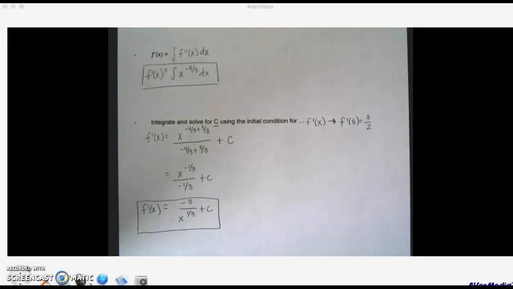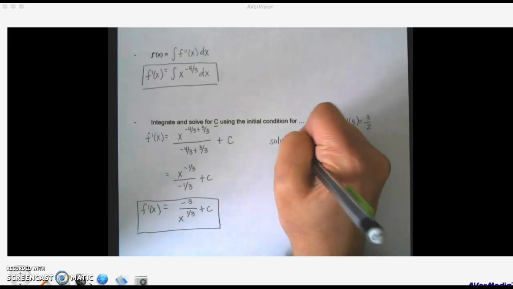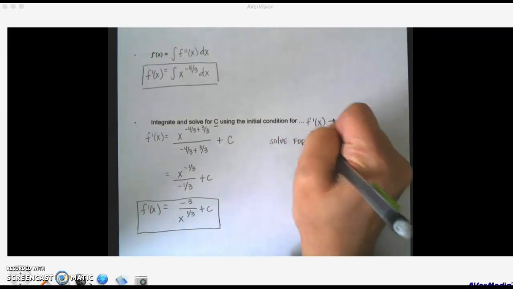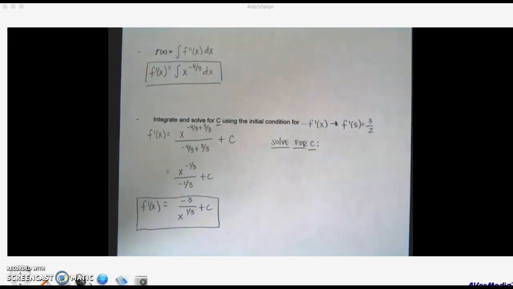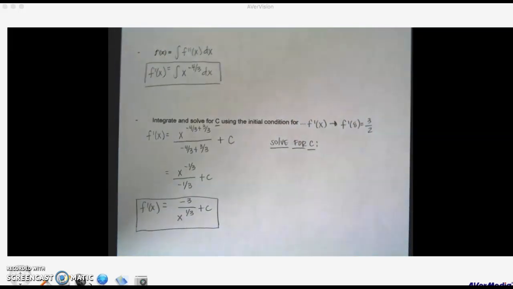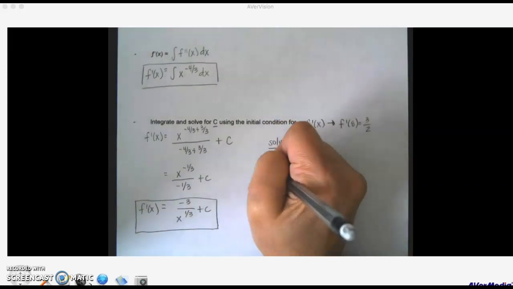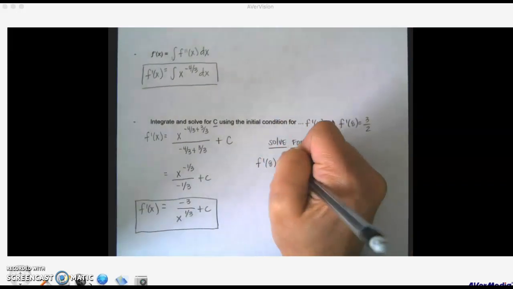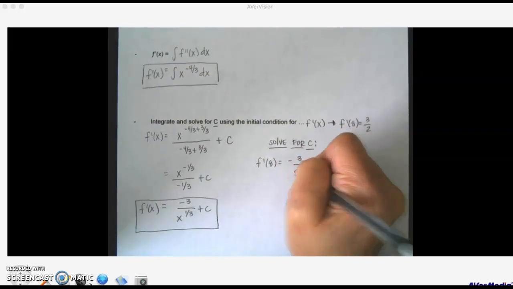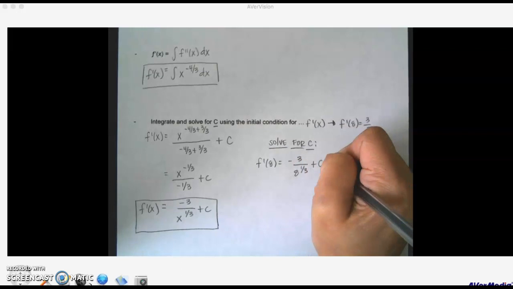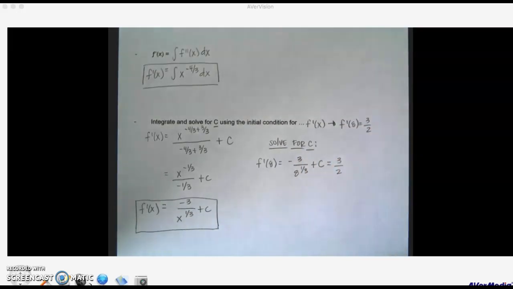So we're going to solve for c here by plugging our initial condition into the derivative that we found. So we're saying f prime of 8, that's our x value, equals negative 3 over 8 to the 1/3 plus c, and that is supposed to equal 3 over 2.